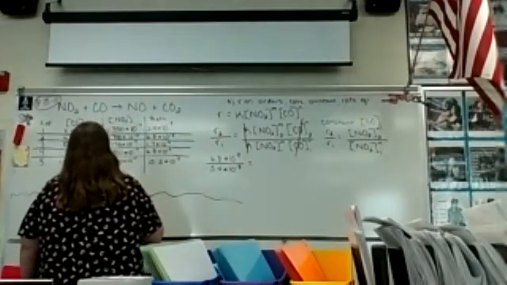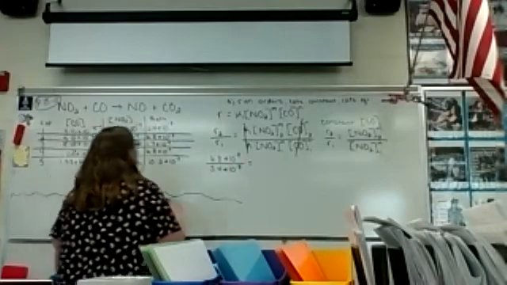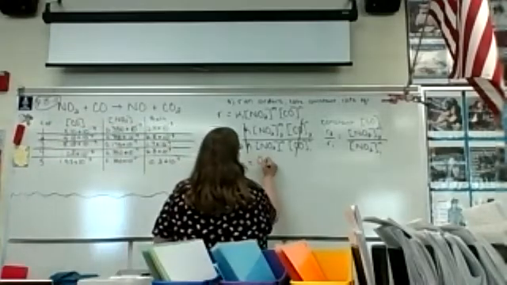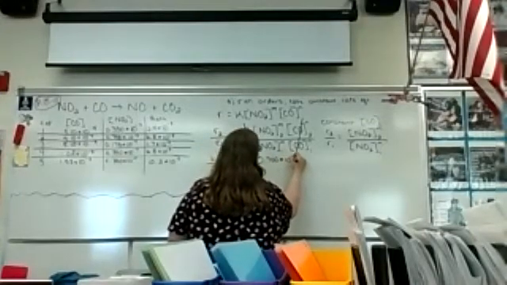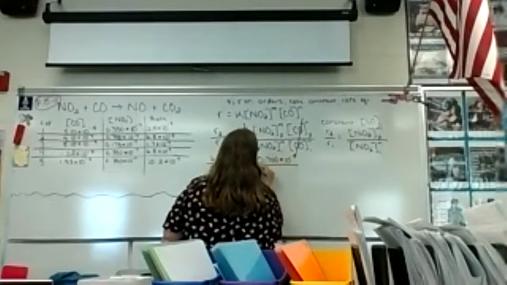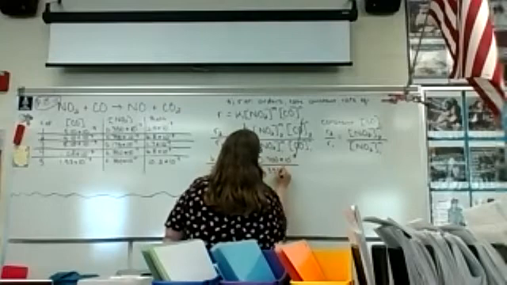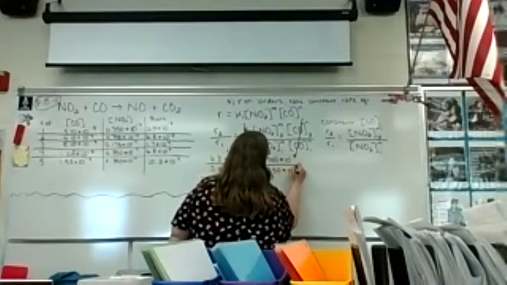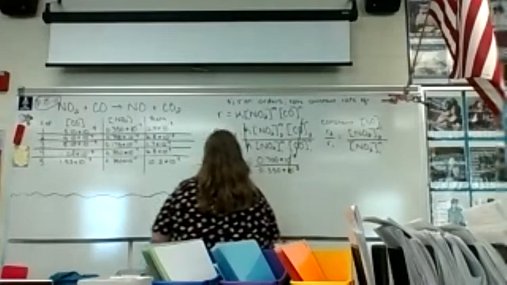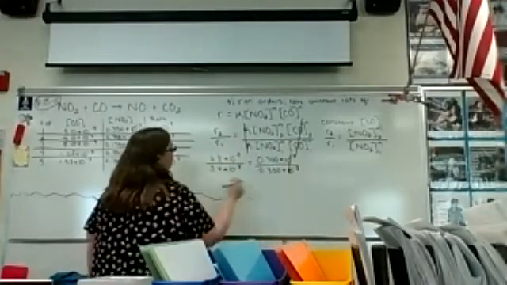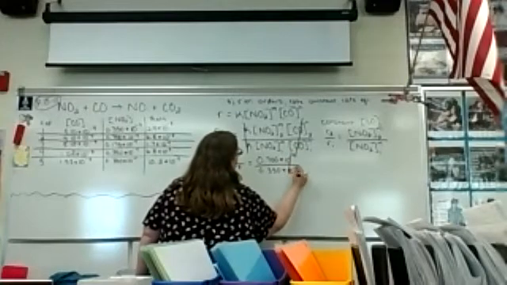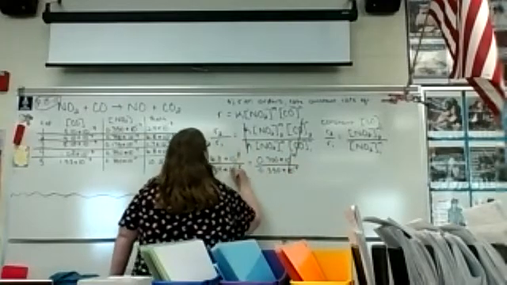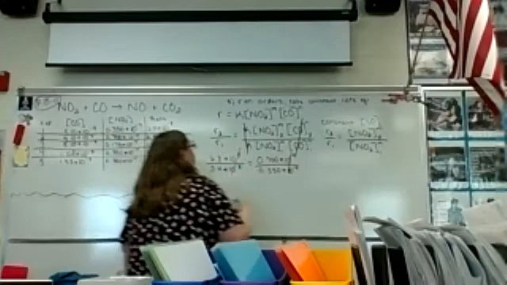Therefore, we've got 0.700 times 10 to the negative 3 over 0.350 times 10 to the negative 3. The 10 to the negative 3's cancel out, or sorry, not negative 3, negative 4. And the 10 to the negative 8's cancel out.